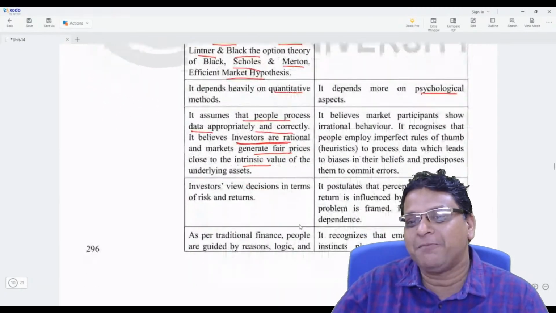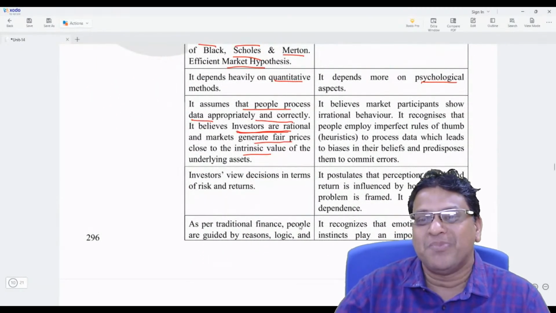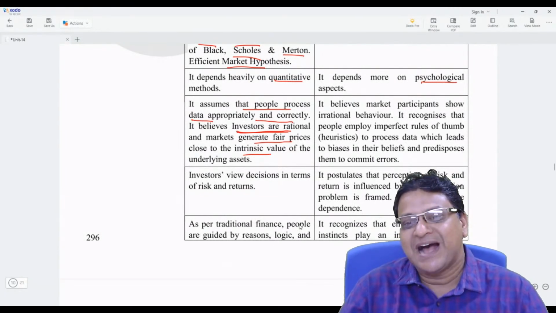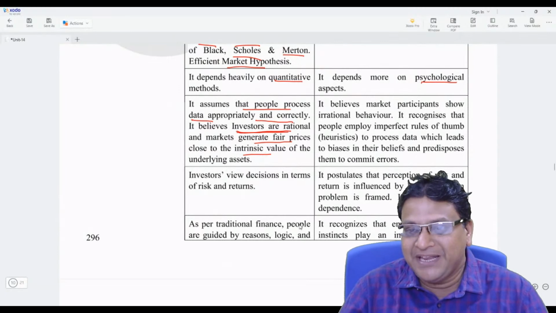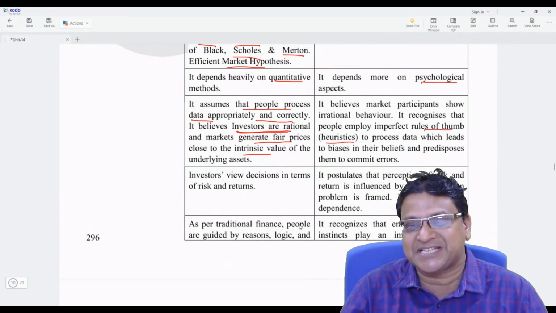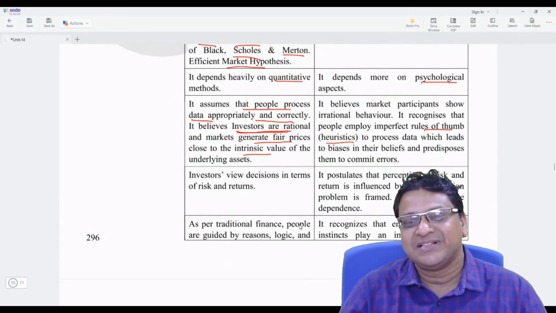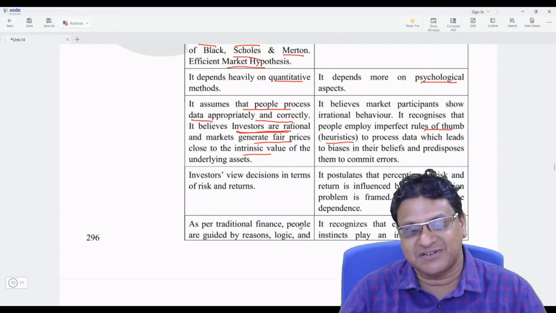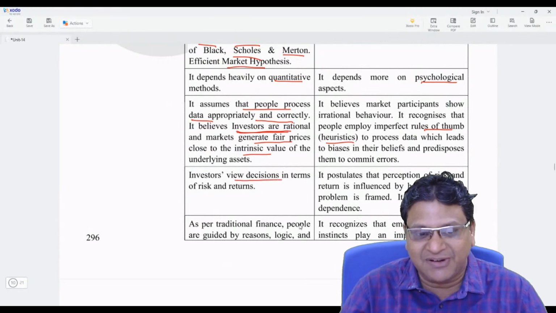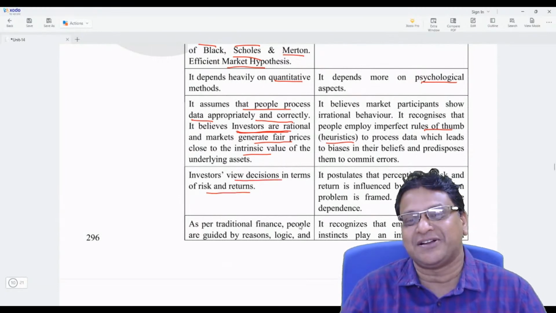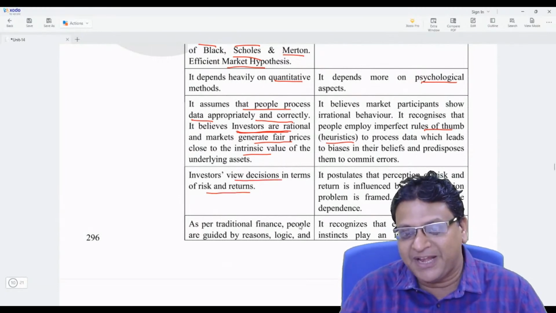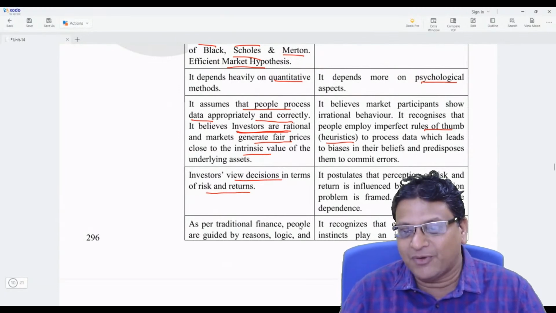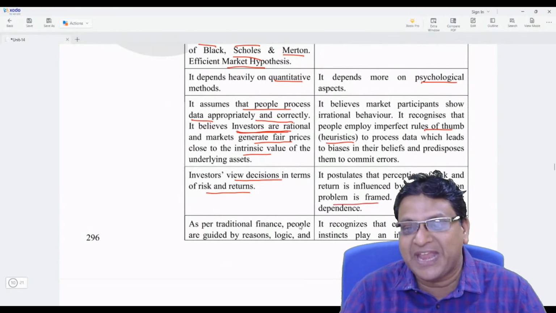But behavioral finance predicts that markets are not efficient and people are not rational. There are many rules of thumb, heuristics. There are many emotions that impact the decision making process of investors. Investors view decisions in terms of risk and return, but in behavioral finance decisions are taken on the basis of decision frame.